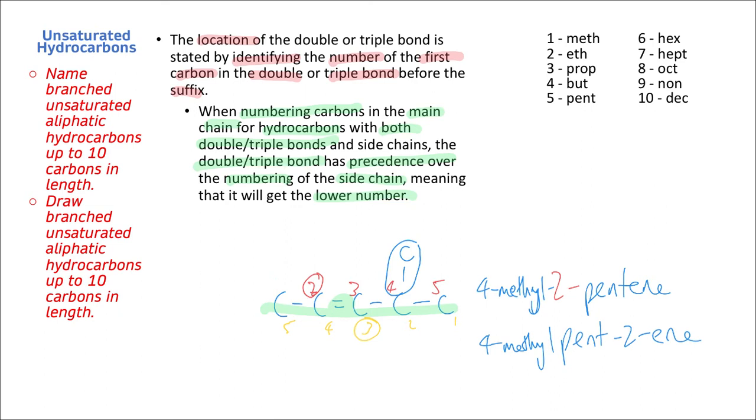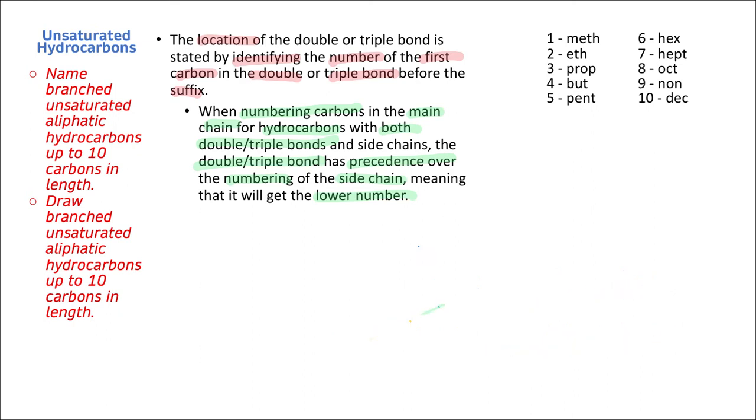So let's erase this and start again with something else. Let's do something like this, and let's put a side chain here and something here.